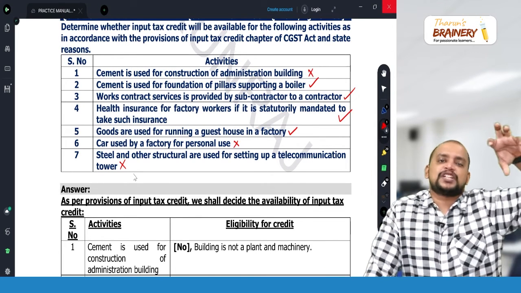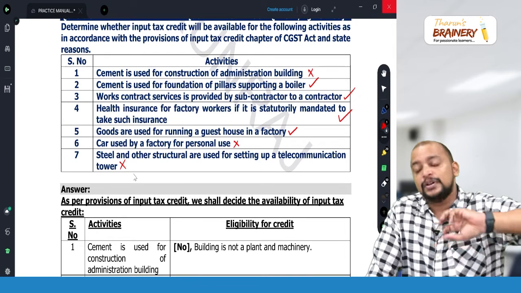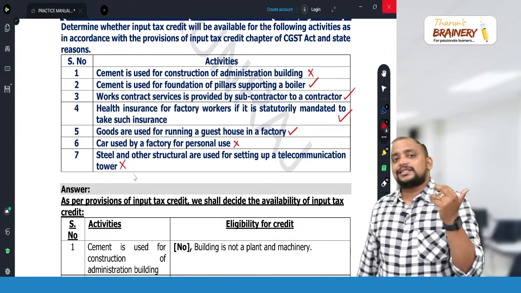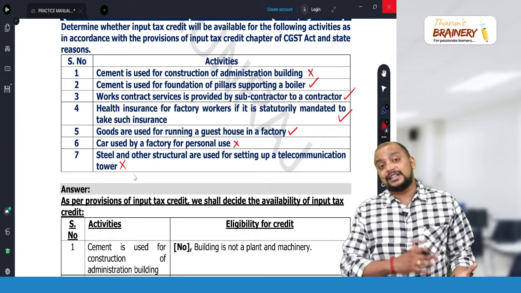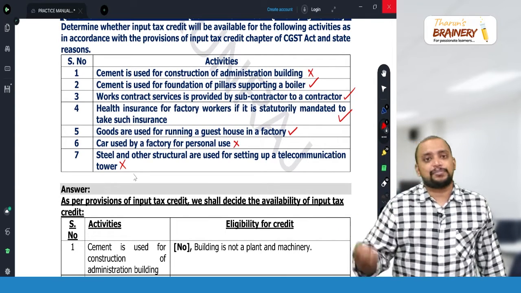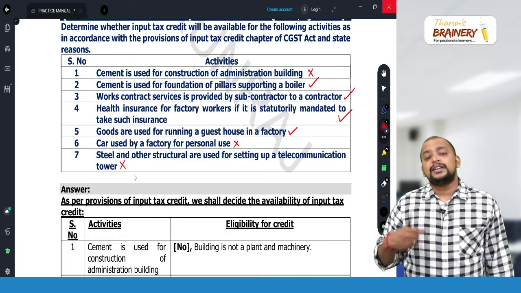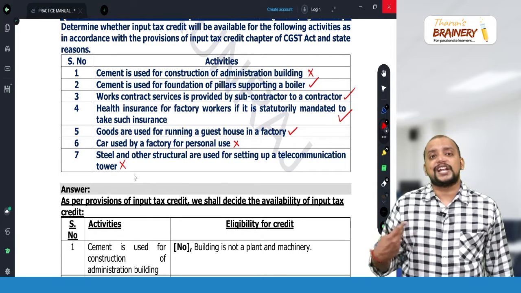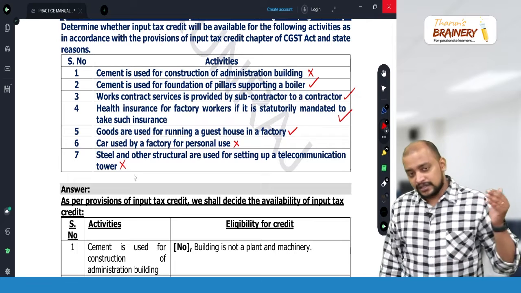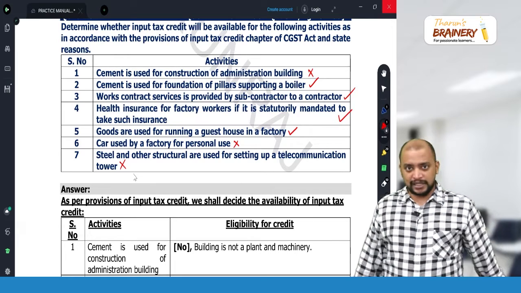Motor vehicles for transportation of persons are again divided into two: capacity exceeds 13, capacity does not exceed 13. Capacity exceeds 13, ITC available. Capacity does not exceed 13, three cases ITC available: further supply, this is not; number two, used in the business of transportation of passengers, this is not; imparting driving skills, this is not. So ITC is not available in that case.